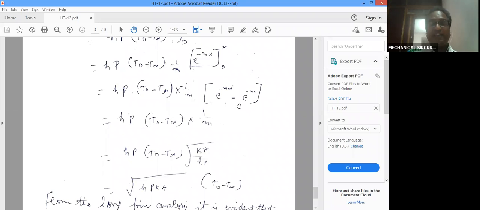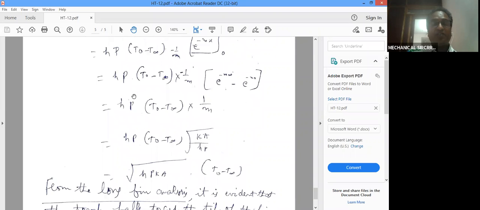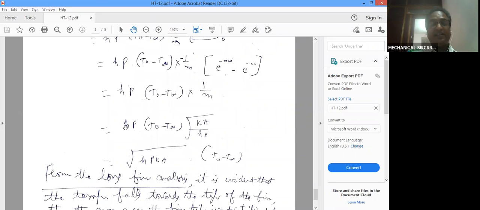That's why this equation becomes, for the heat transfer rate through the fin, Q fin is equal to hP into (T naught minus T free stream) into 1 by m.